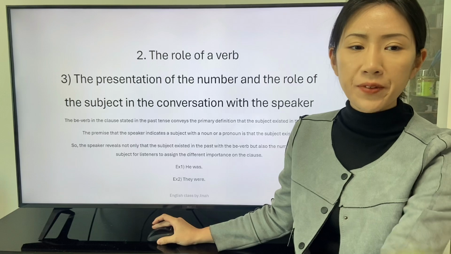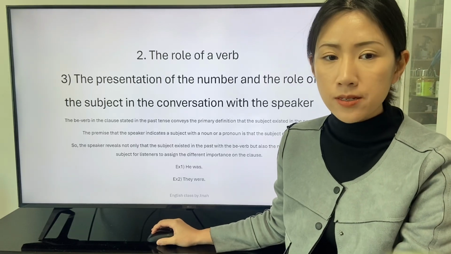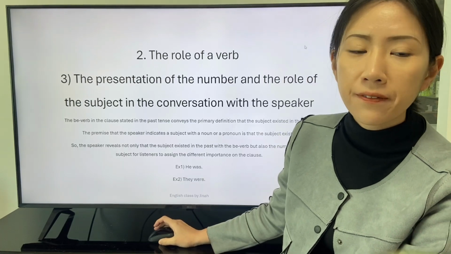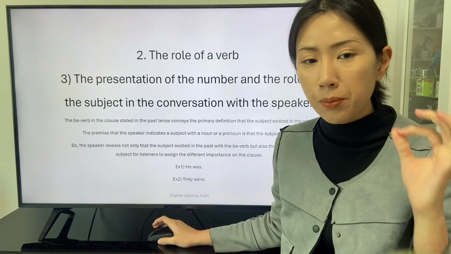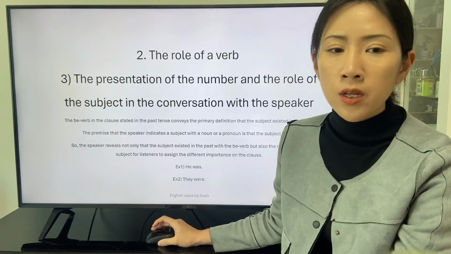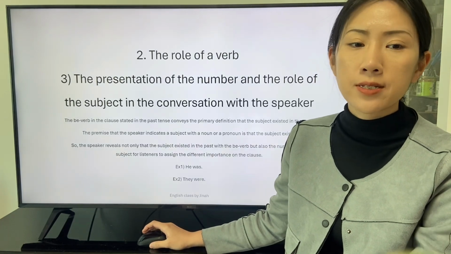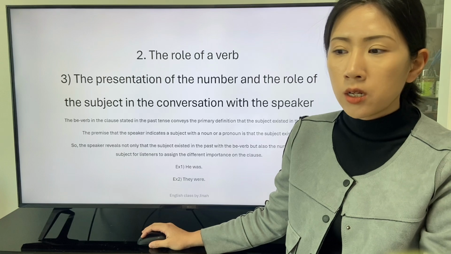So the speaker reveals not only that the subject existed in the past with the be-verb, but also the number of the subject for listeners to assign the different importance on the clause. There are two examples. The first one is that he was. The second one is that they were.